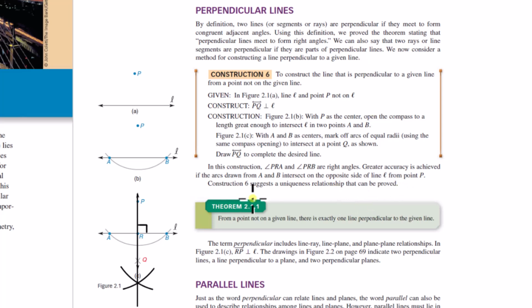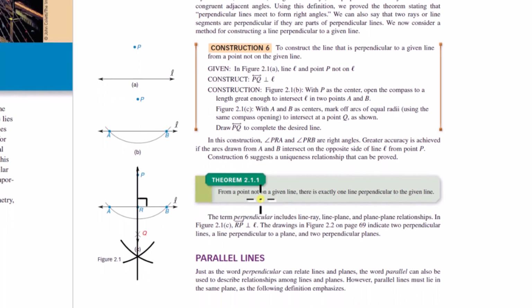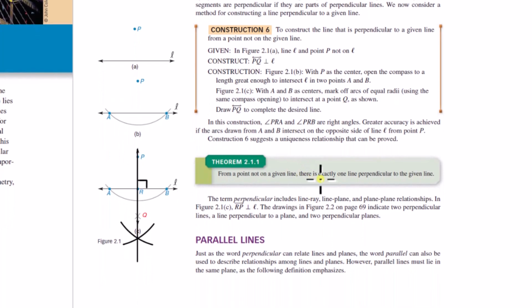Cool. So later in the course, we're going to come back to the different constructions we've done and see why they're true, why what we just did ensures that, at least within the uncertainties of the compass and how precisely we put the center, these two lines are perpendicular. Theorem: from a point not on a given line, there's exactly one line perpendicular to the given line.